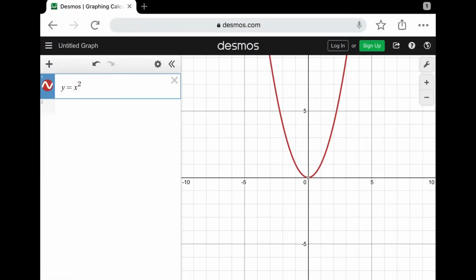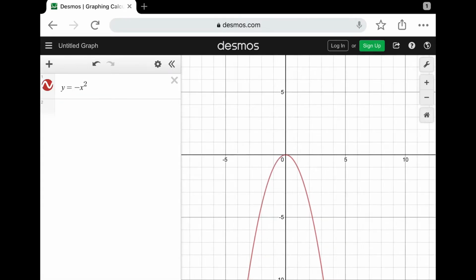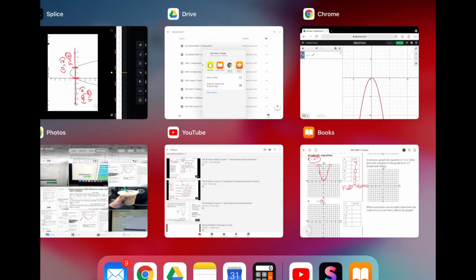Well, if we go back to Desmos, and instead of positive x squared we threw in a negative, it flipped on us. But if you look closely at some of the points, all it did was flip it, made the y's negative. The x's stayed the same.